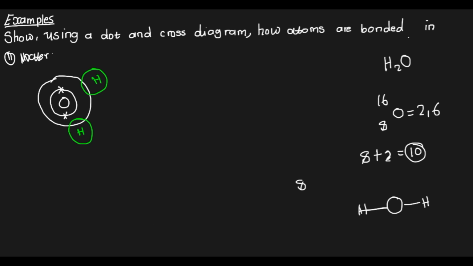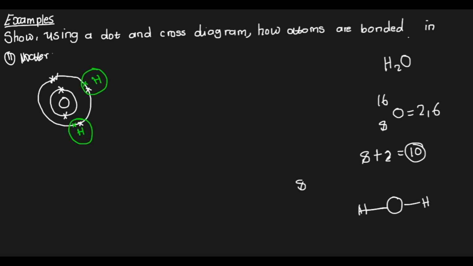Now for hydrogen, we know that hydrogen forms a bond with 2 electrons. So here we are going to have 4. So the 4 electrons are being shared between the 2 hydrogen and the oxygen. So from the 8, if we subtract the 4 electrons, we are going to have 4 electrons remaining.